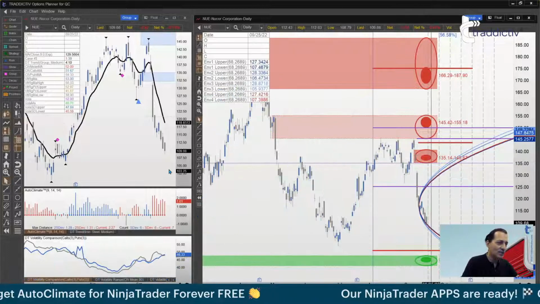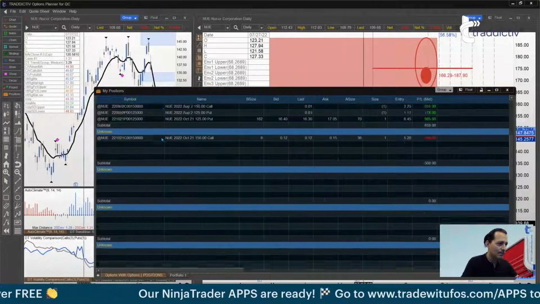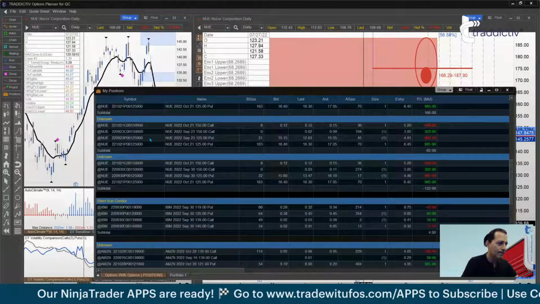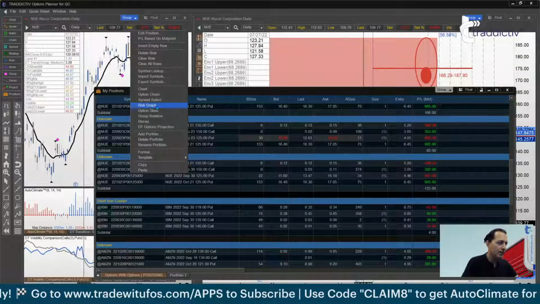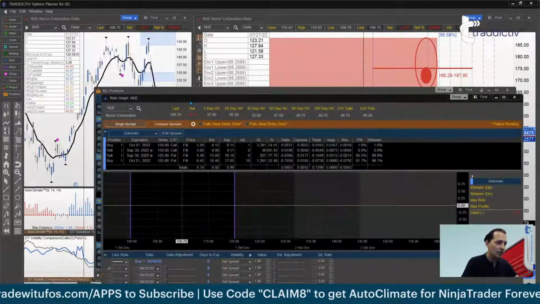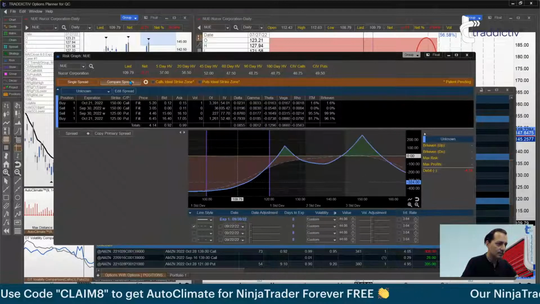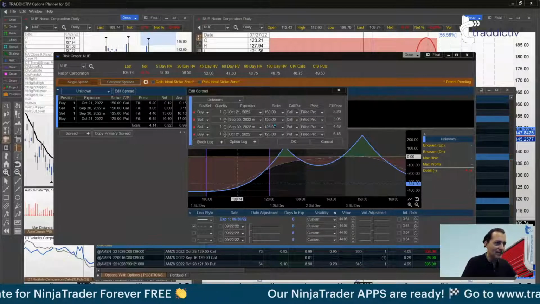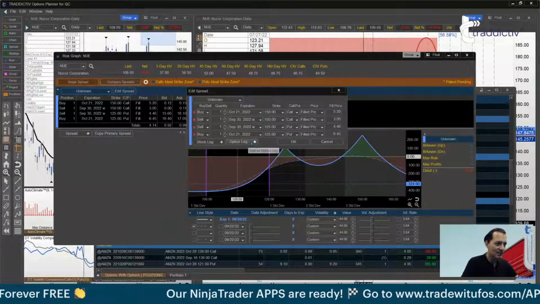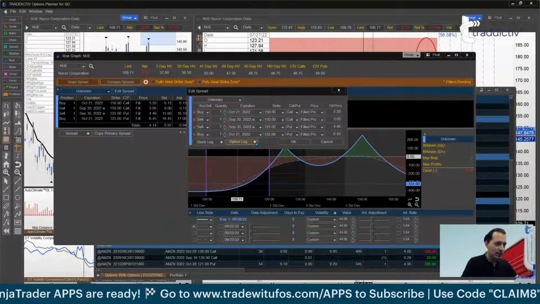Now, if we want to simulate it, and Joe, please let me know if you are with me on that. I'm just going to create a risk graph. So compare spreads. Oh, you know what? Before I compare spreads, let me make it like the one that Mark has, which is what I've done before.